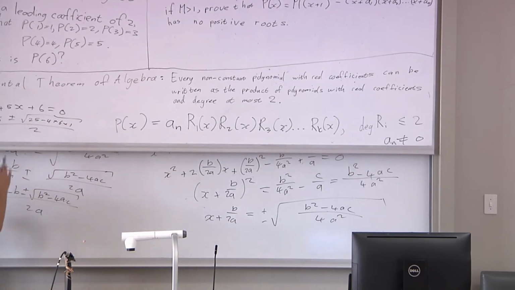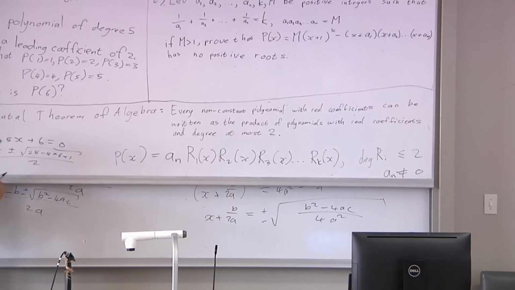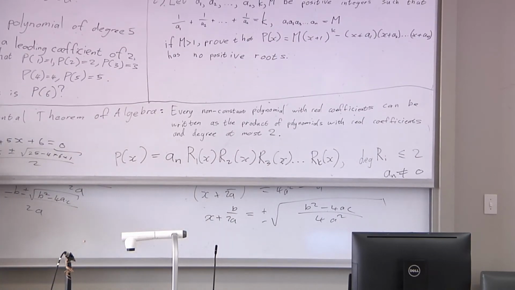So that means that x is minus 5 plus or minus 25 minus 24, which is 1. So plus minus 1 over 2, which is minus 3 and minus 2. Cool.